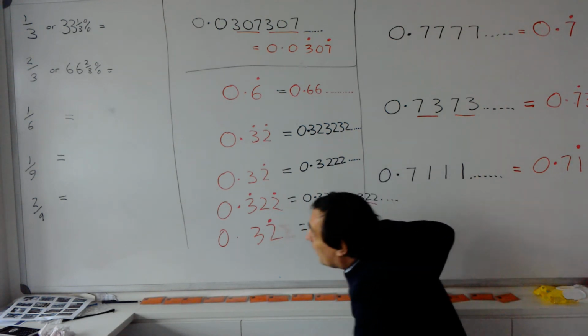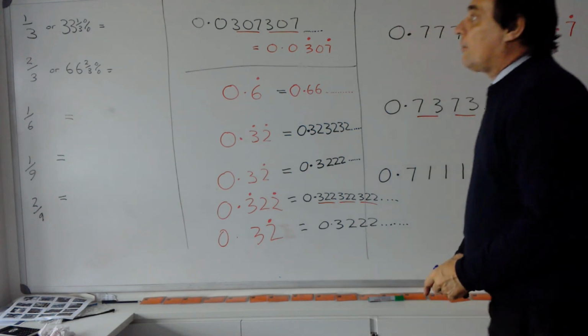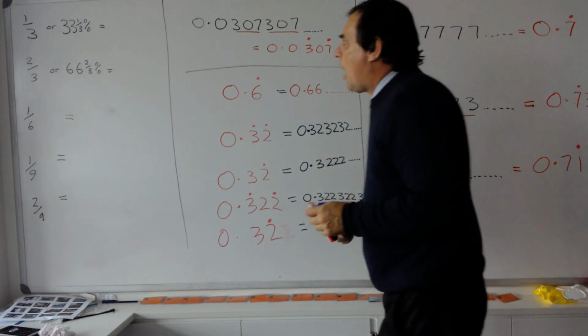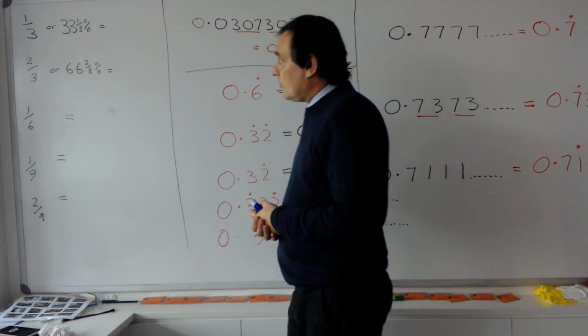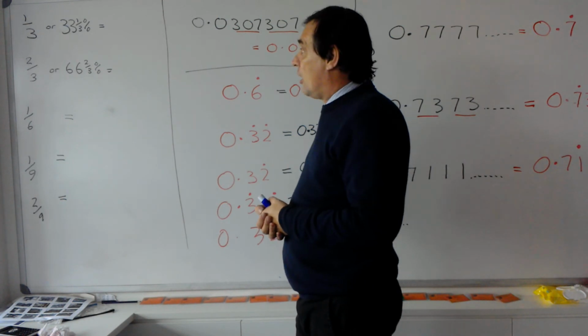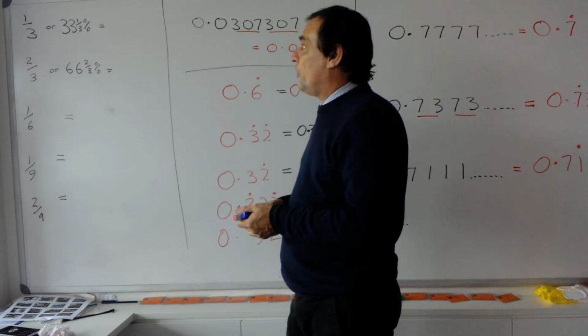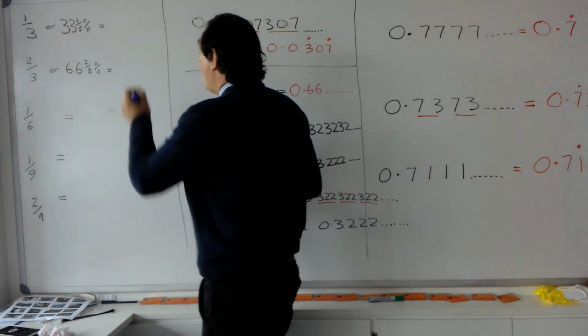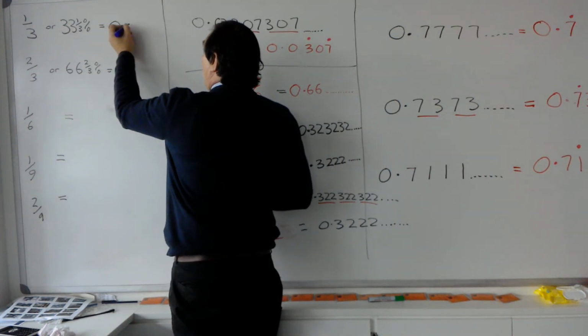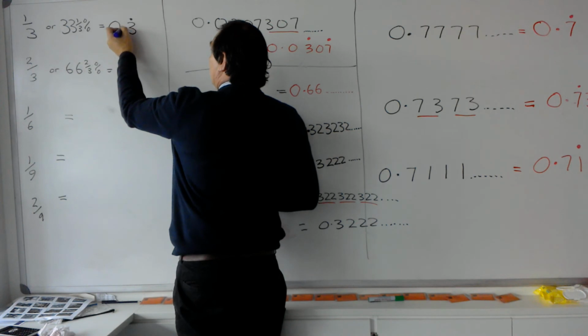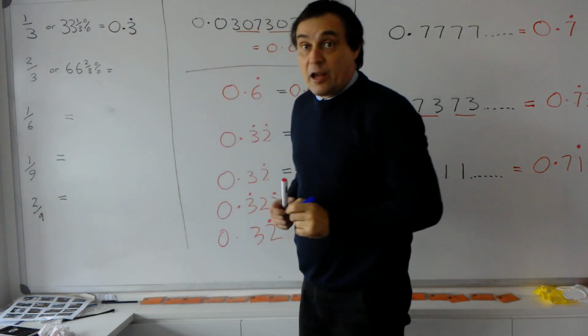Okay, right, let's have a look at just a couple of common recurring decimals that you might see in real life. If a question asks you what a third is as a recurring decimal, well, a third is actually 0.3 recurring. So you could write a third like that.